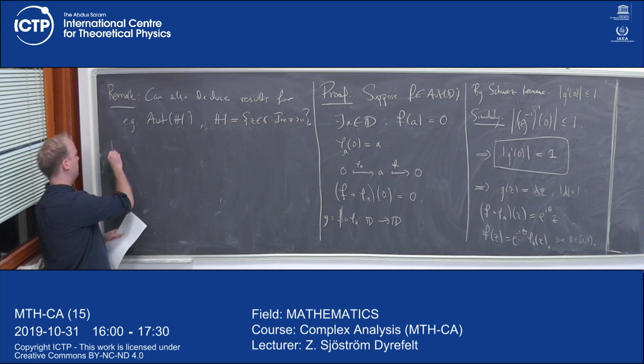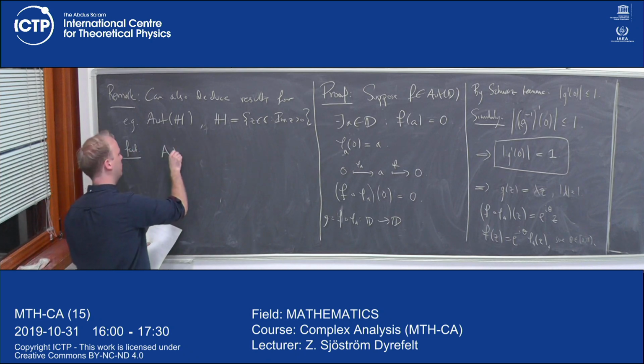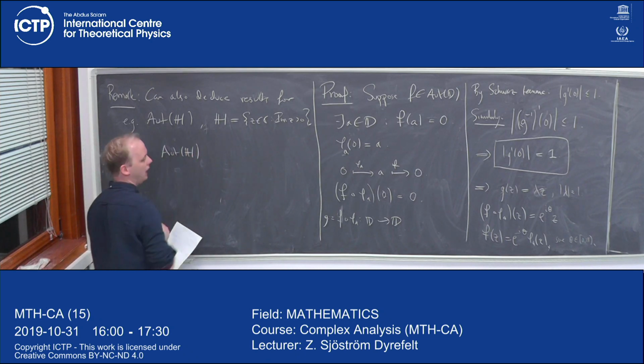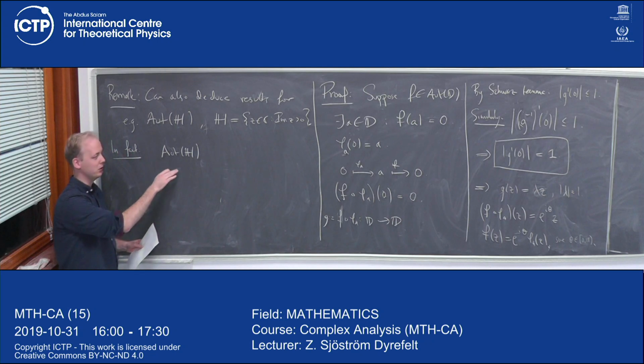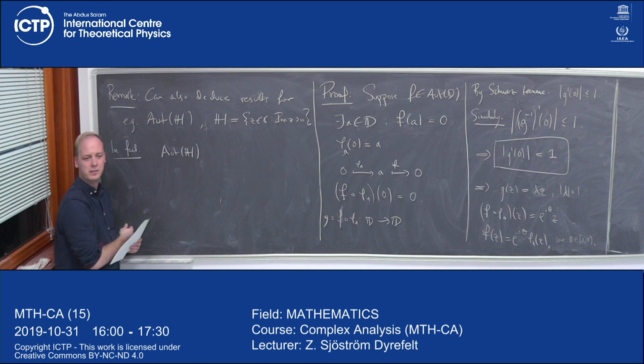So then, in fact, we have the following claim. Actually, I can ask you maybe: how is the automorphism group of H related to the automorphism group of the disk? Conjugation. We conjugate the first group with the holomorphic map that takes H to the disk.